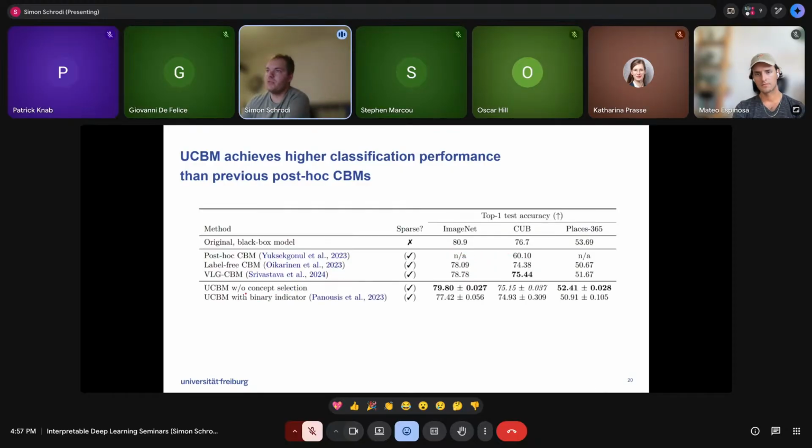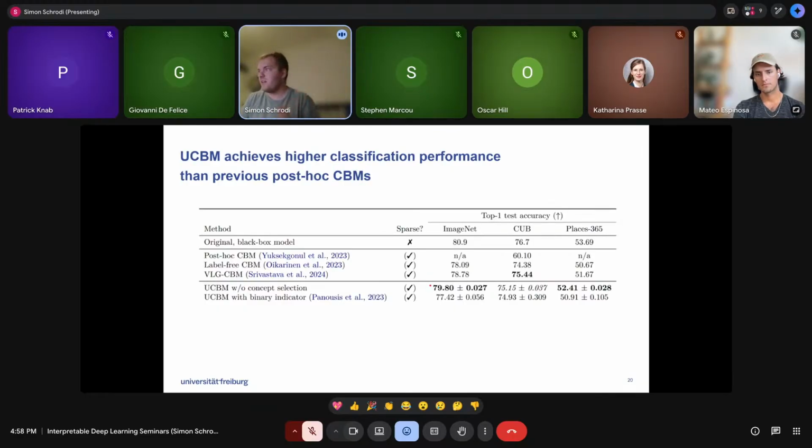If you look into the variant without concept selection, which is our reference here, we already get good numbers. This also shows that this first part, the unsupervised concept discovery, likely detected better concepts, which are more generalizable and probably also better than the previous works that had this large language model or CLIP-based approach to get the concepts. So we get a boost from there.